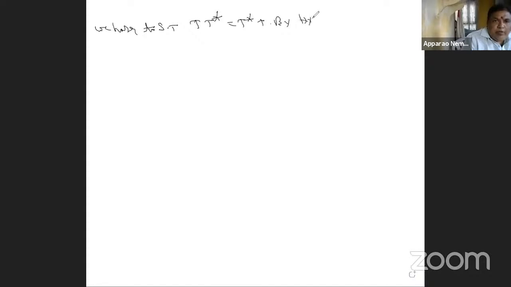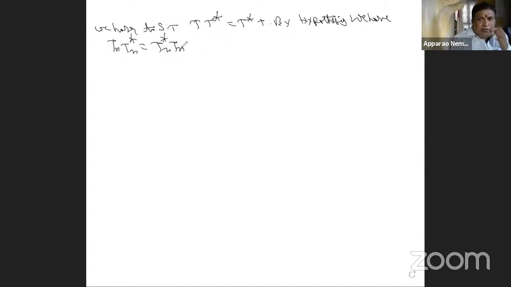By hypothesis, we have Tn star Tn equals Tn Tn star for all n.